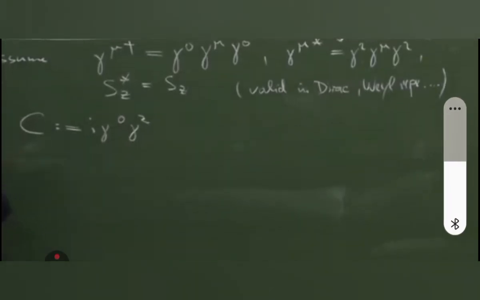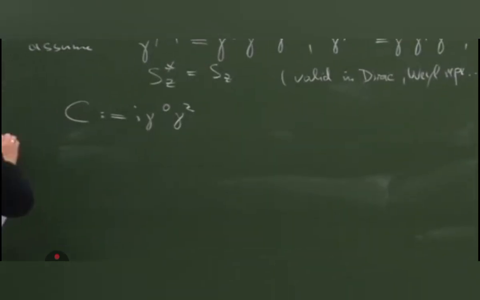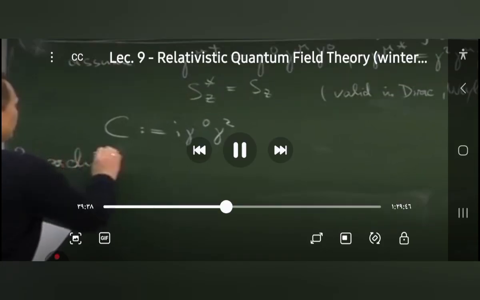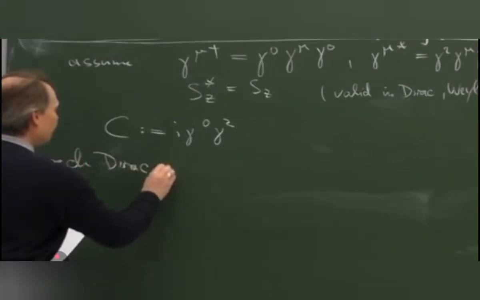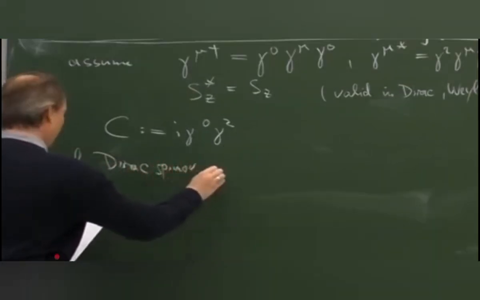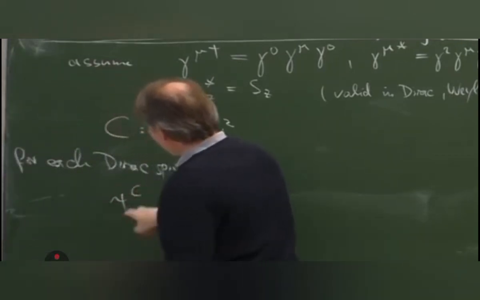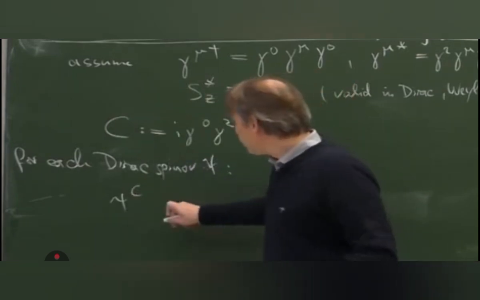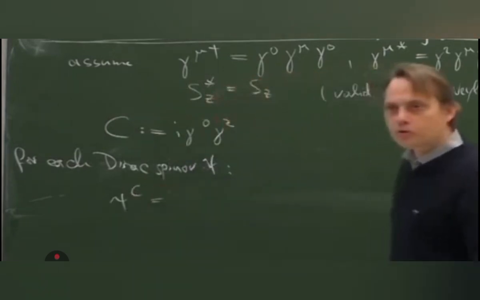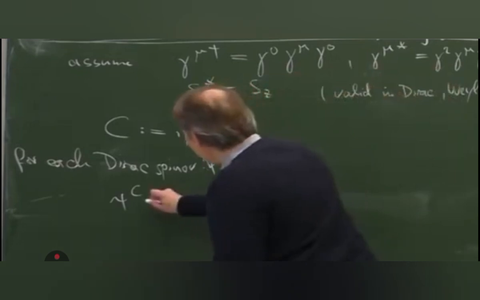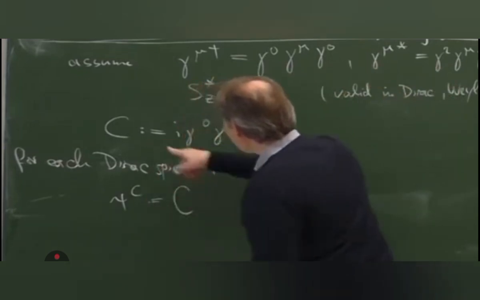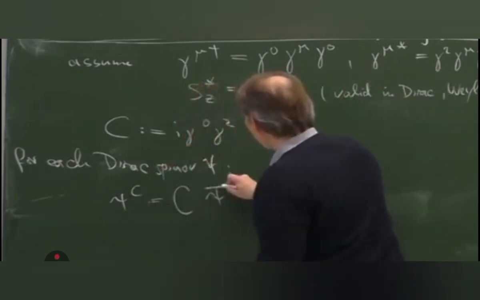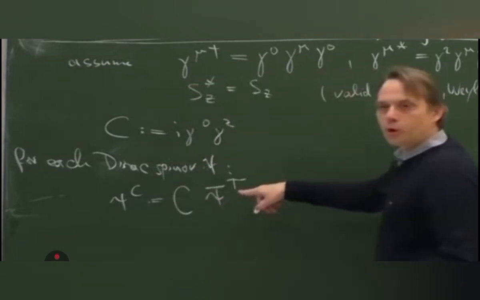And then we define for each Dirac spinor psi an object psi with a superscript C, which is supposed to mean the charge conjugated spinor, defined as that matrix C times psi bar transposed.